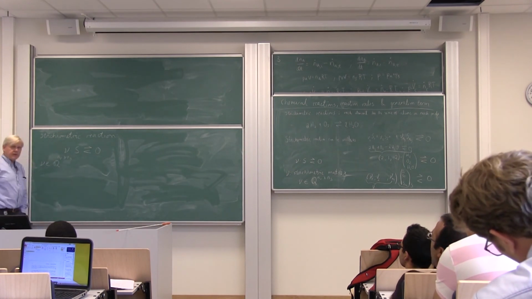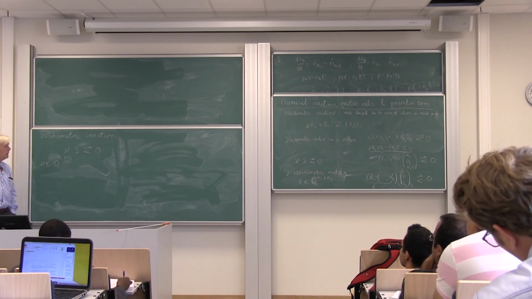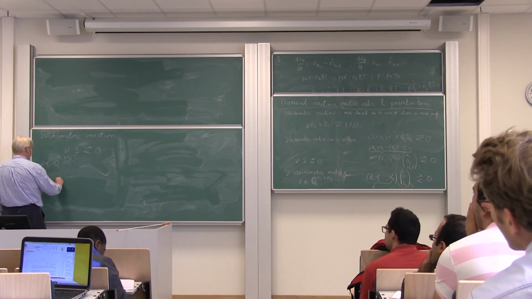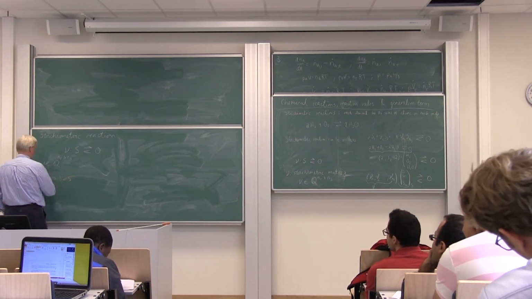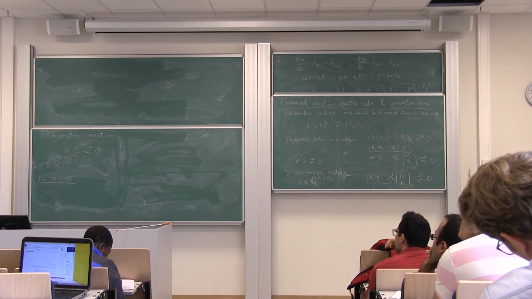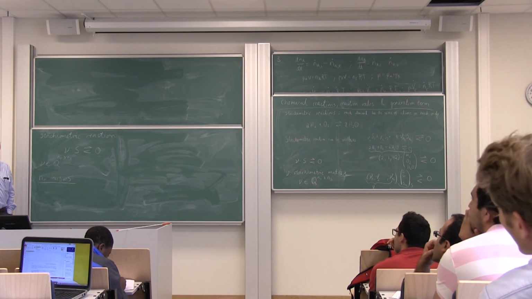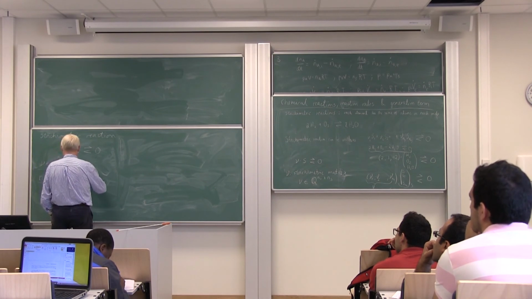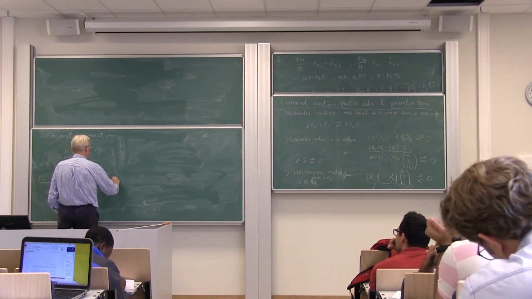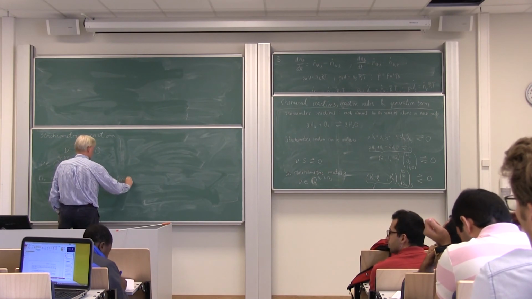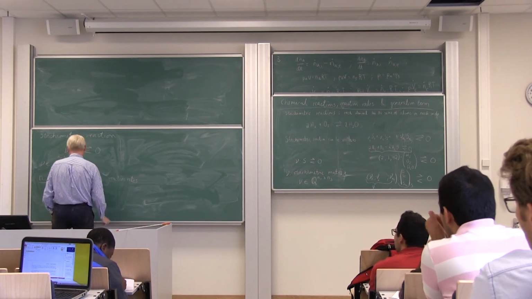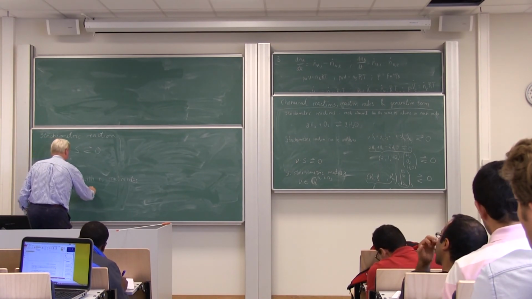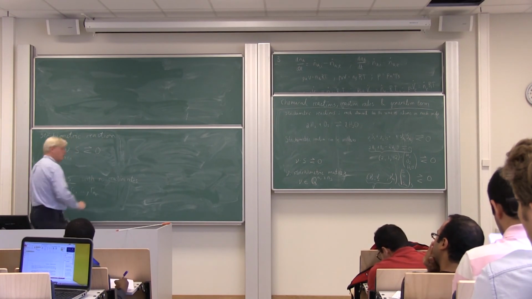S is, of course, the species vector. NR is, so we have NR reactions. And for each reaction, we have a reaction rate. Okay?